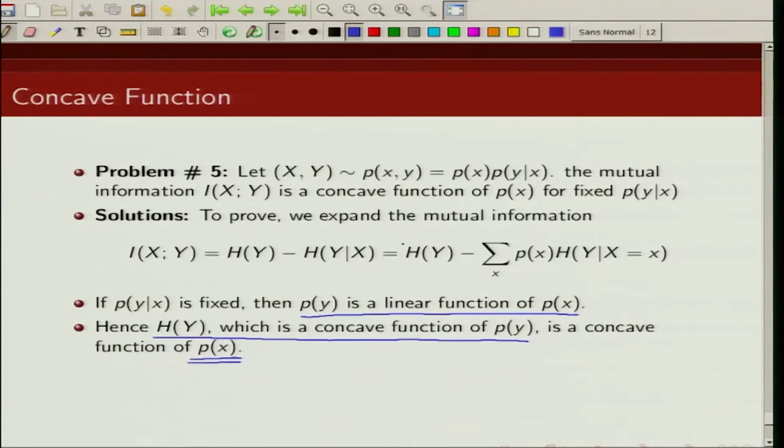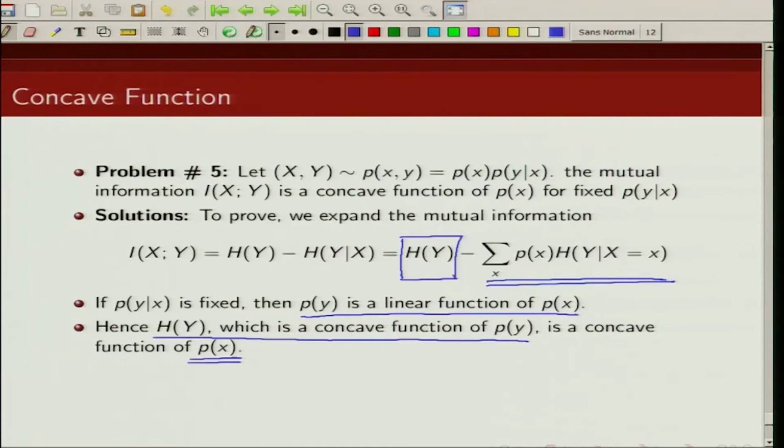So, what we have proved so far is that this term, H of Y, is a concave function of P of X. Now, let us look at this. This is a linear function of P of X, right.